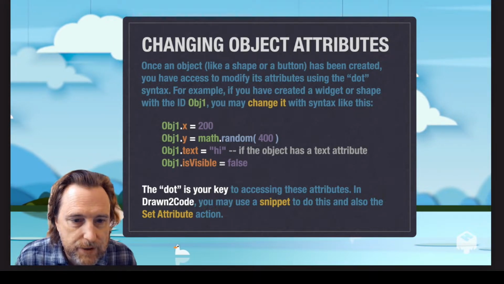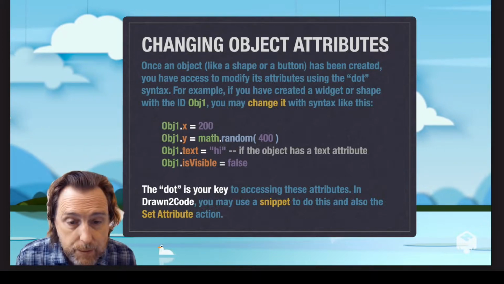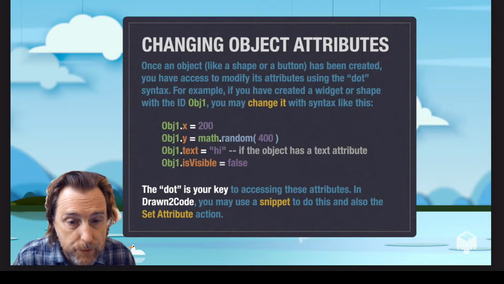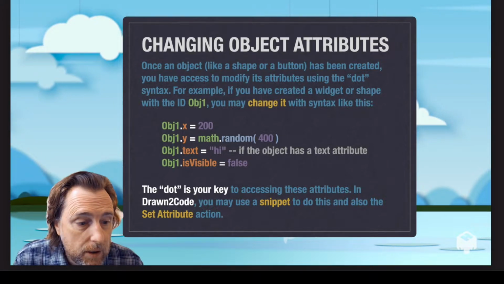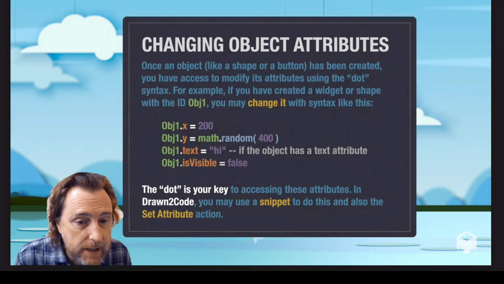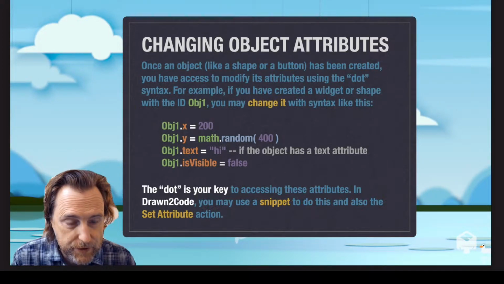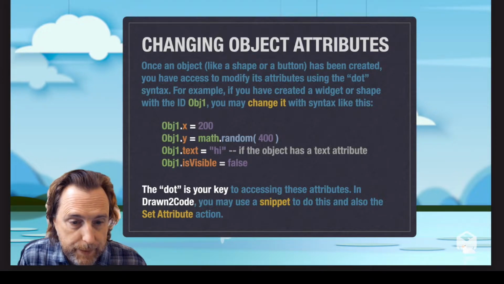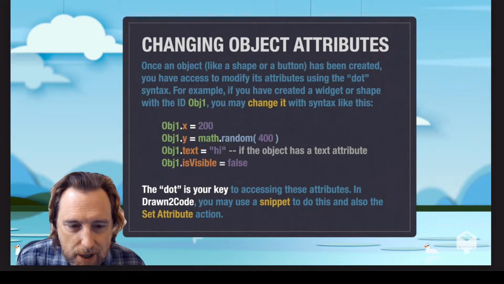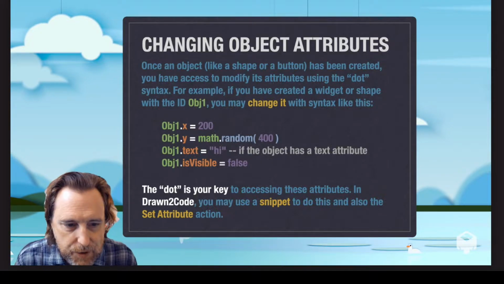So for instance, you can change the x and y attributes of an object that's on screen, to move it to a new x, y location. If it has a text component, you could change the text value using .text. We've also used .isVisible to toggle whether something is on screen or is not on screen. So your dot is the key to accessing these attributes.